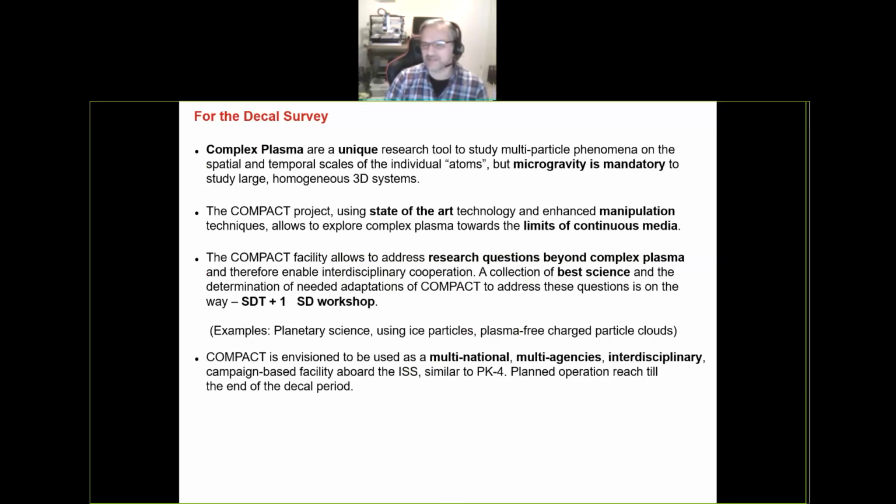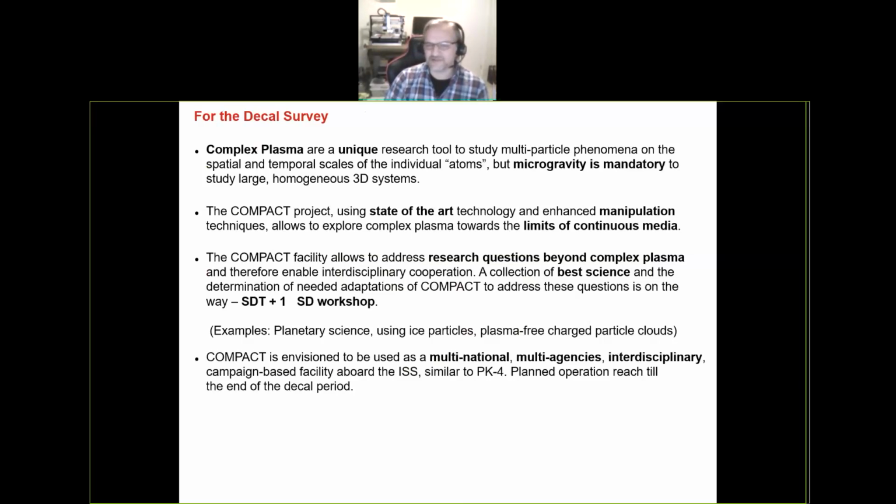This is mandatory to get homogeneous and large systems, to reach a continuous media. Using the state-of-the-art technology and the manipulation techniques we already developed, of which you can adapt a couple of things, maybe to add more experiment topics, we probably can go into the limit of continuous media and explore things even outside of complex plasma research.